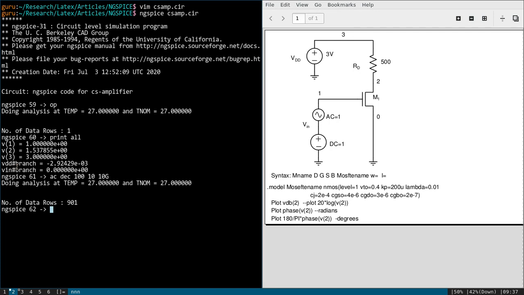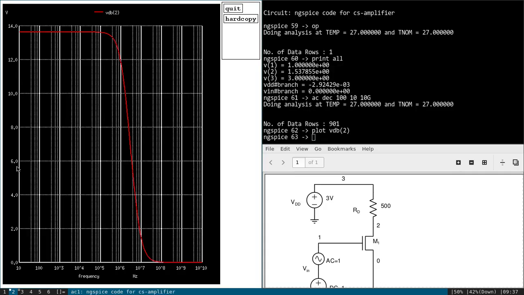Now let us plot the voltage at 2, output voltage. So plot vdb(2), that is the syntax. Let us see that. Now you can see a typical frequency response of a common source amplifier. At low frequency also you are getting signal because we have not used any coupling capacitor. So at low frequency also you are getting gain.